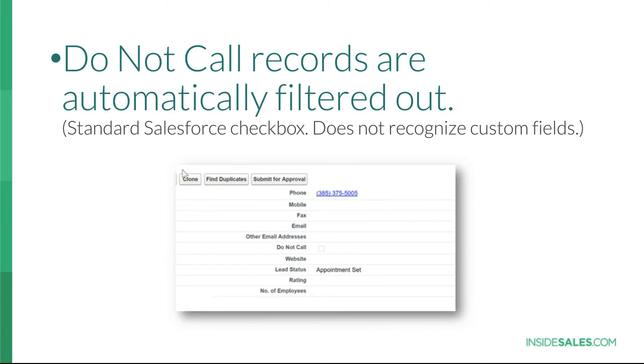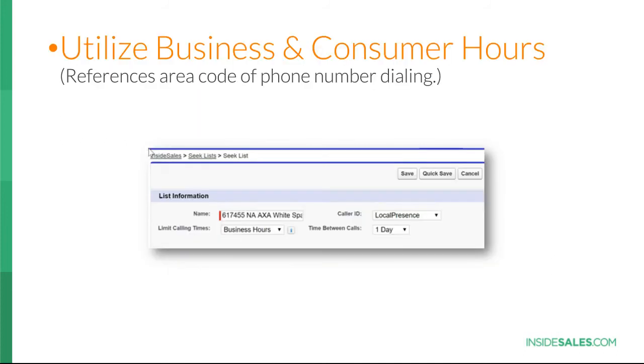Okay, and then another hidden feature, which, once again, is not hidden at all, it's right there for everybody to see, is at the very bottom. We've got a couple of checkboxes, and one of them is include records without phone numbers. So by default, and for a long time, C-list automatically only brought records to the rep if they had a phone number. Makes sense, right? We're building a dialing list, it's got to have a phone number.